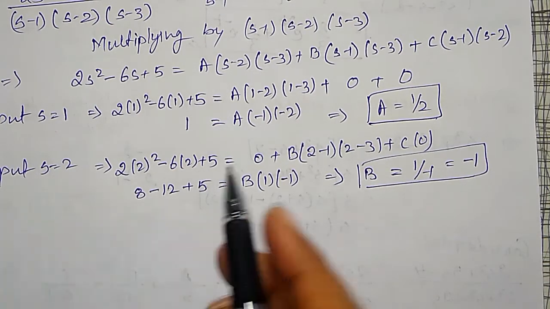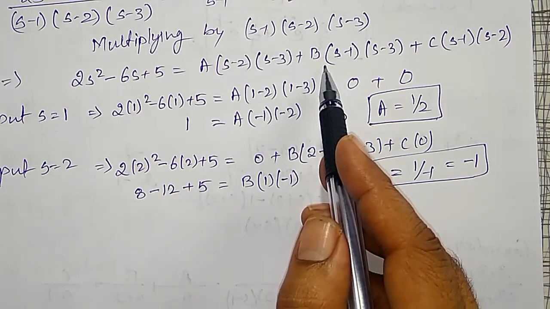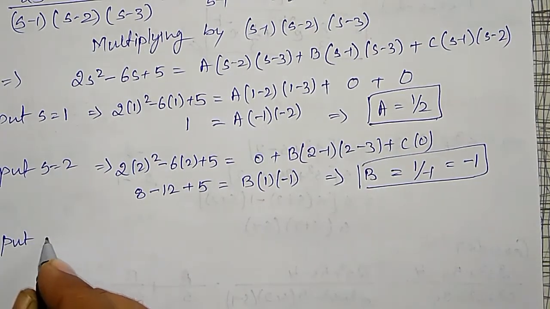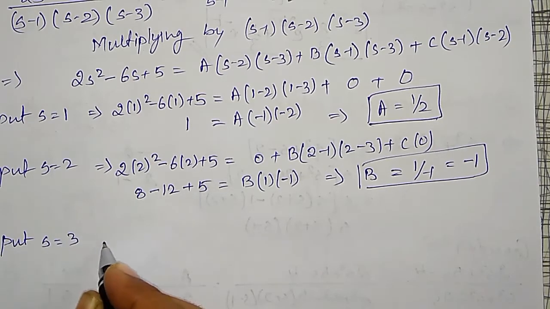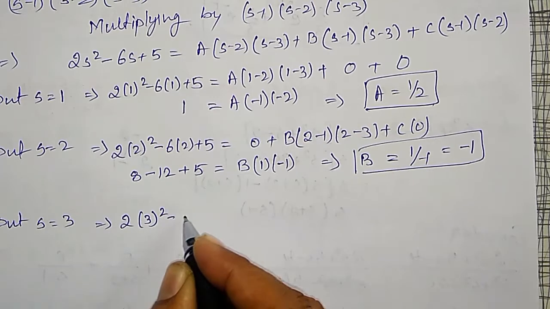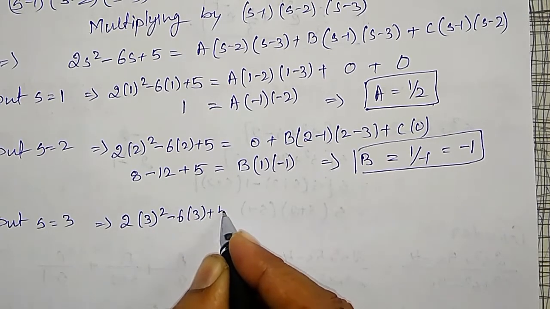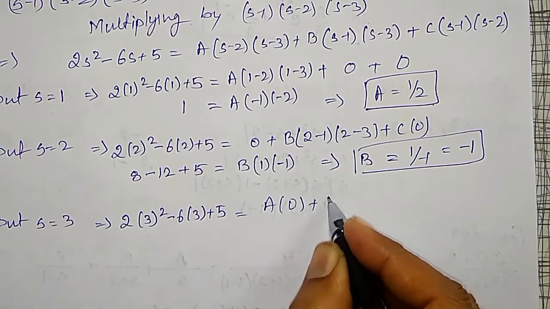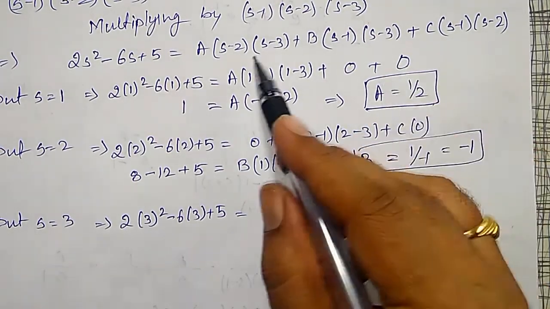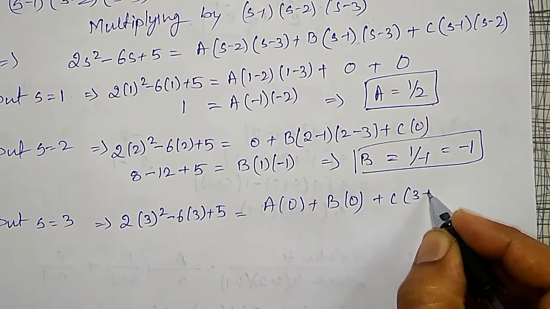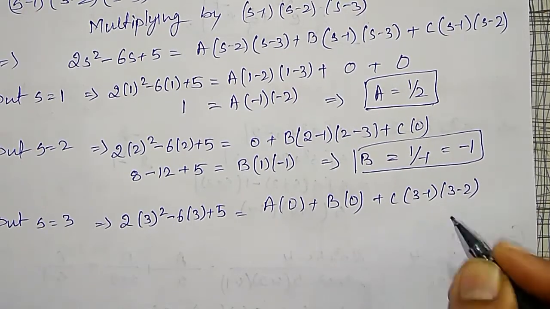Like that, to eliminate the first two terms, put s equal to 3. I am going to get 2 into 3 squared minus 6 into 3 plus 5 equals A into 0, B into 0, because s equals 3 and both the terms will be eliminated, plus C into (3 − 1)(3 − 2).